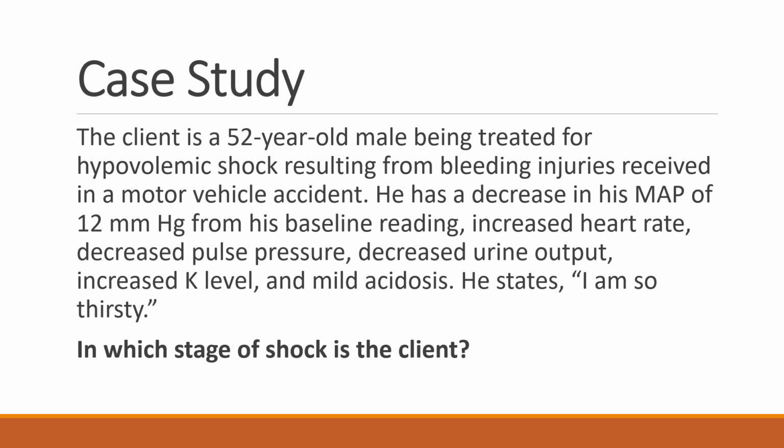This client would be in the non-progressive stage. This occurs when the MAP decreases by 10 to 15. We have kidney and hormonal compensatory mechanisms activated because those cardiovascular responses are not enough to maintain the MAP and supply oxygen to the vital organs. We have decreased urine output.